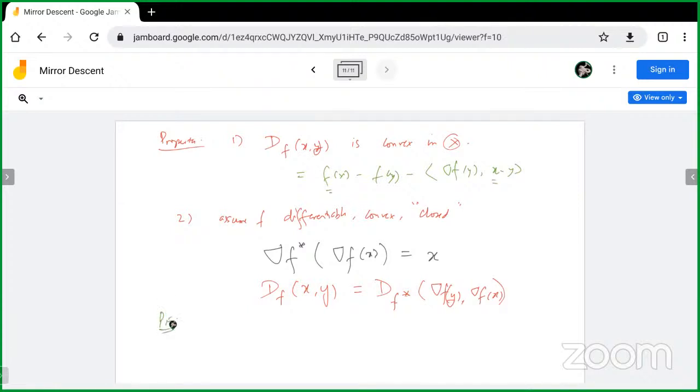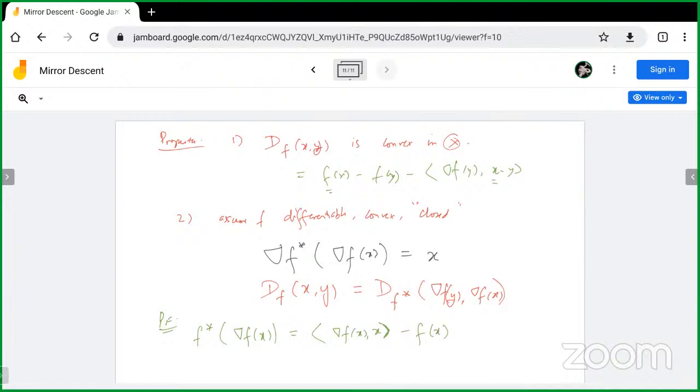Okay, so what is f star at the gradient? This is just the inner product between x and the gradient. Yeah, this is by the equivalent conditions, because with gradients you get equality.